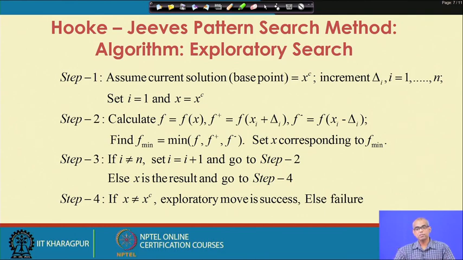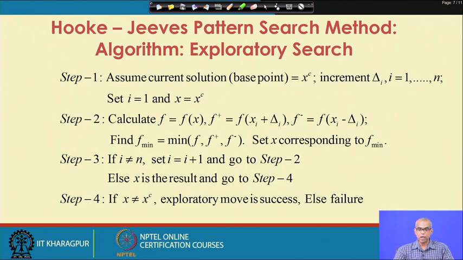So, now let us present the algorithm. Step 1, we assume the current solution, call it the base point, x c. We have to define the increment in each direction.